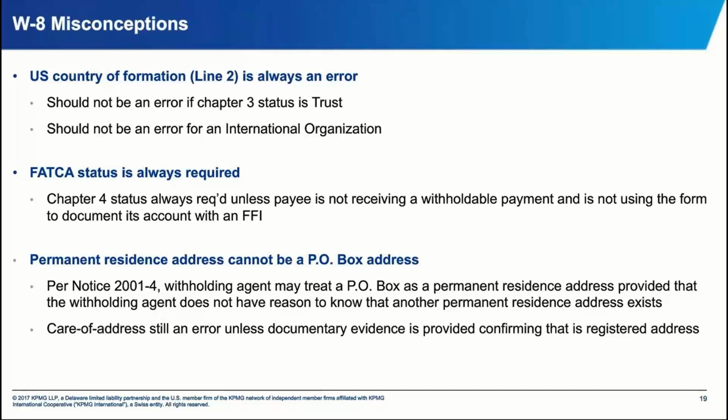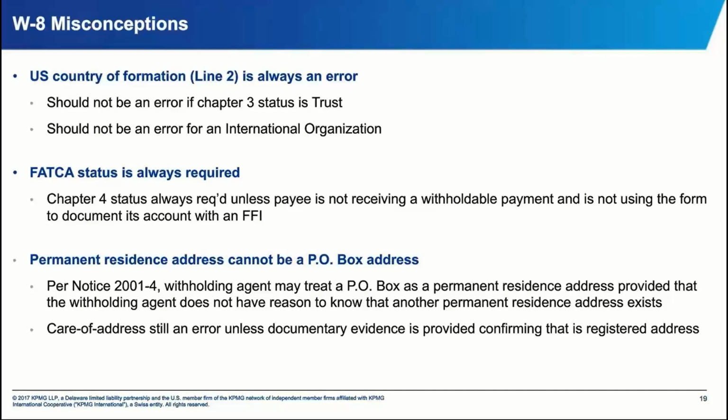And the other one is an international organization. Again, I wouldn't expect you to see that in the accounts payable world, but I suppose it could happen. And they could have a country of organization as the United States. The next misconception is that the FATCA status is always required. For any of you that have been in this space for a long time, you know that what FATCA came to be, that W-8 BEN that was the one pager for an entity has morphed into an 8-page form, and it's quite complex.